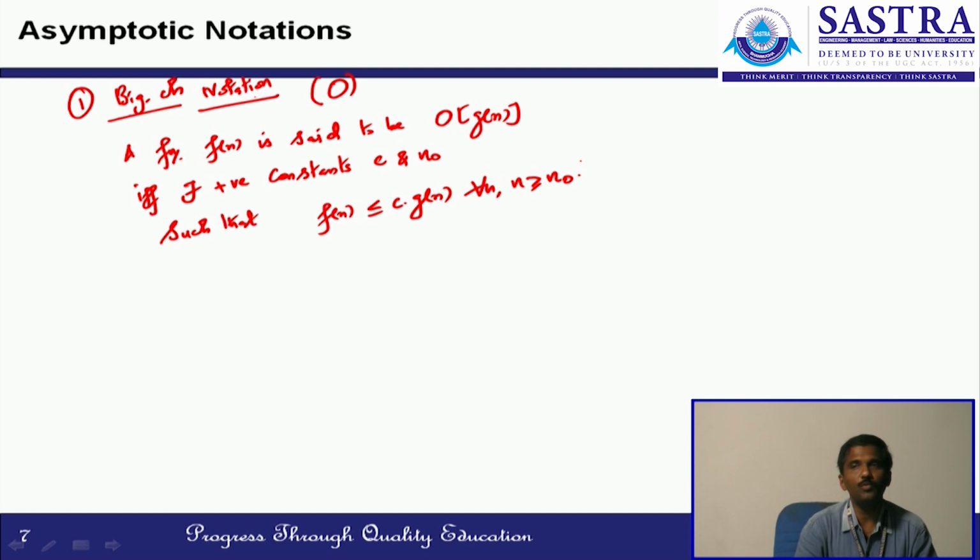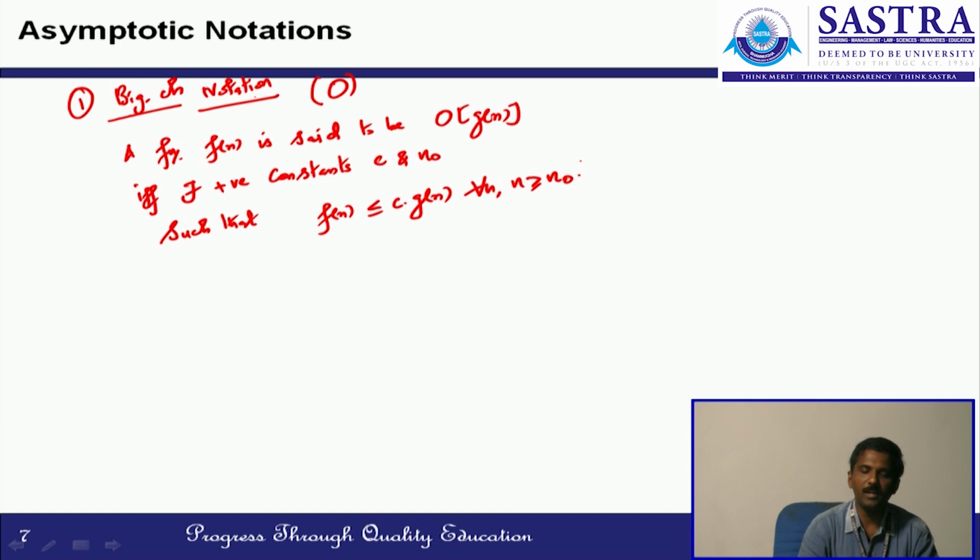So, taking the two functions f of n and g of n, when is f of n said to be big O of g of n?